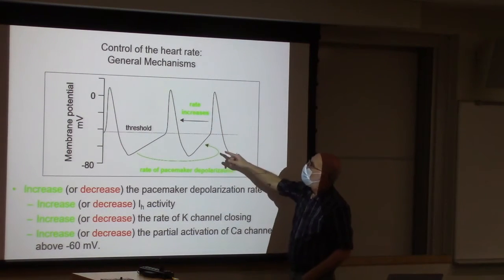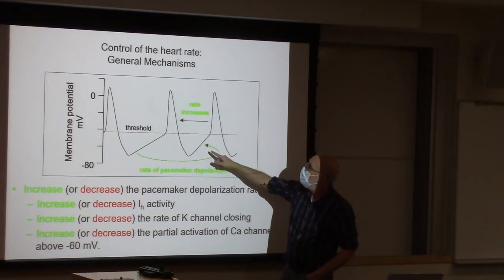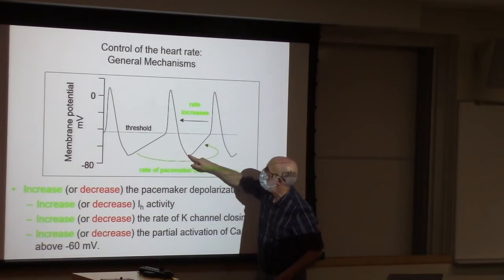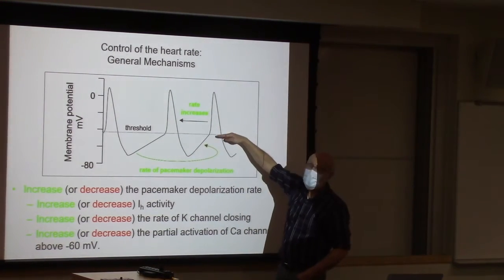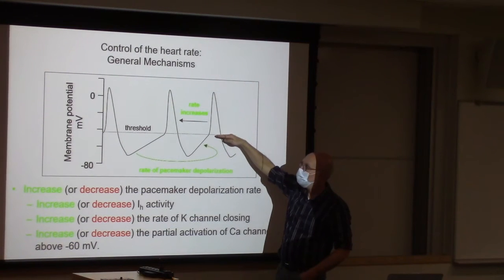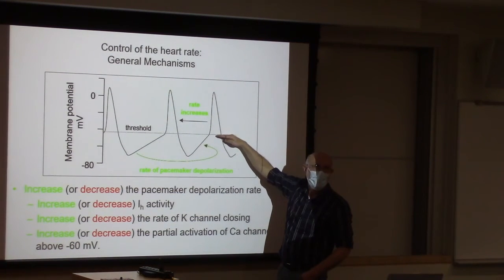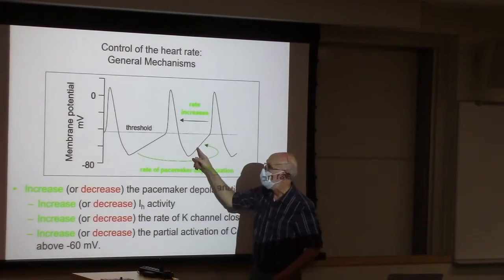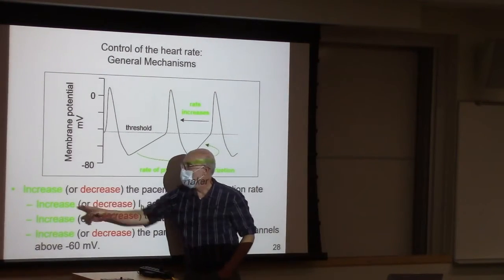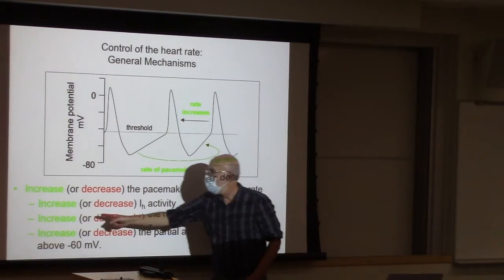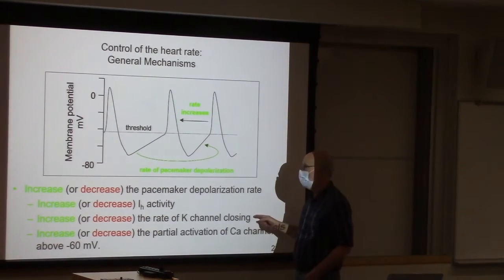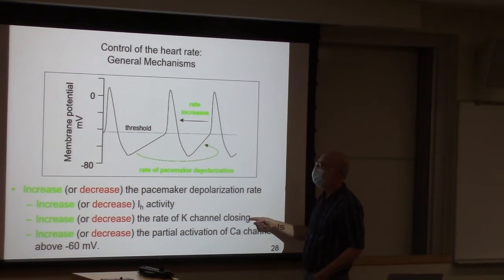Okay, so one mechanism is if we make the slow depolarization faster, it will reach threshold faster. How could we make the slow depolarization faster? We could make more IH channel activity. We could close the potassium channels faster.